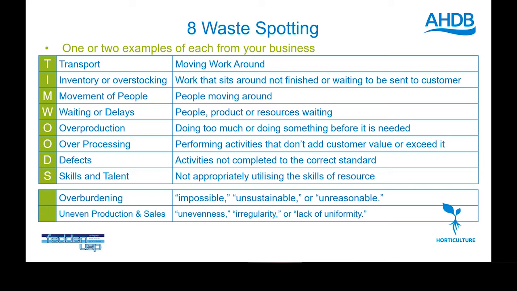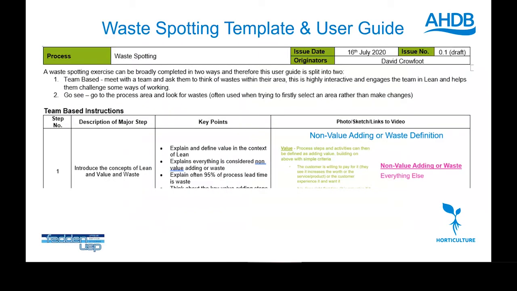So have a go through these and think about 1 or 2 examples for each if you can. Also, I have a user guide of how to do some waste spotting. So what we want you to do this time is do some waste spotting.